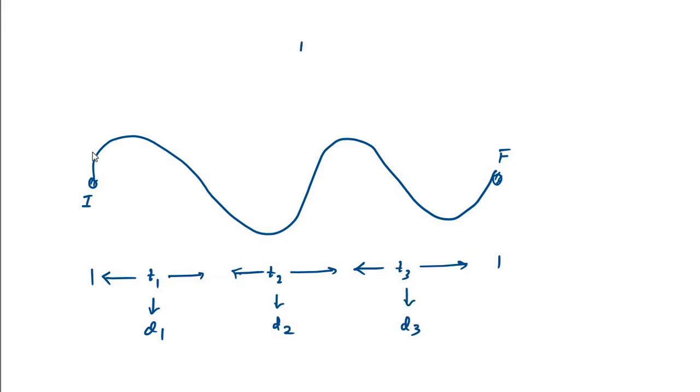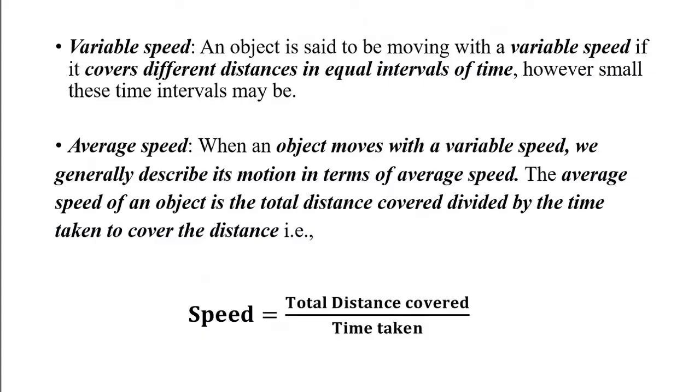The average speed is basically the total distance covered divided by the total time taken, where T1 is equal to T2 is equal to T3, equal time slots. Total distance by total time, that is the average speed.